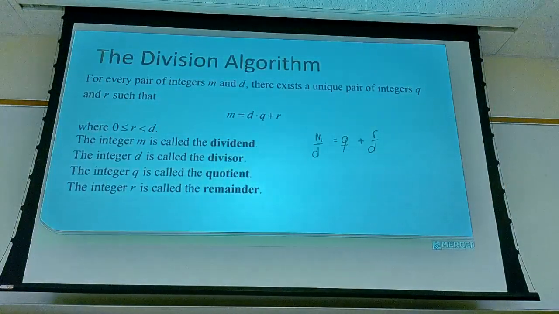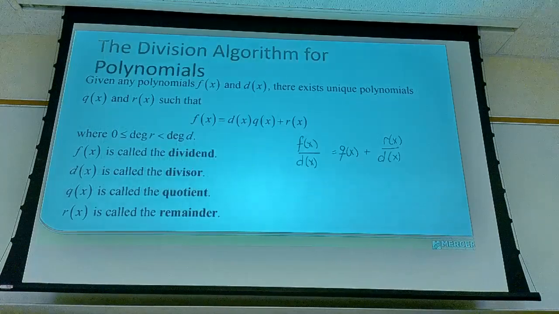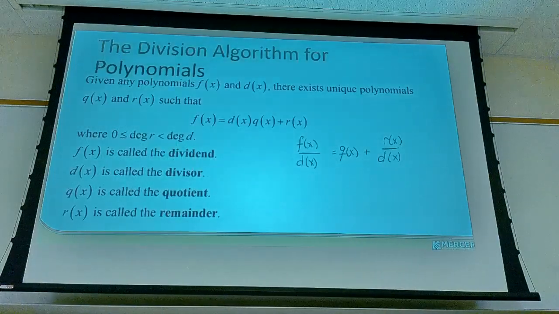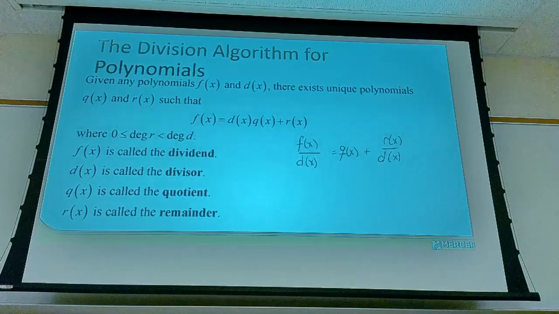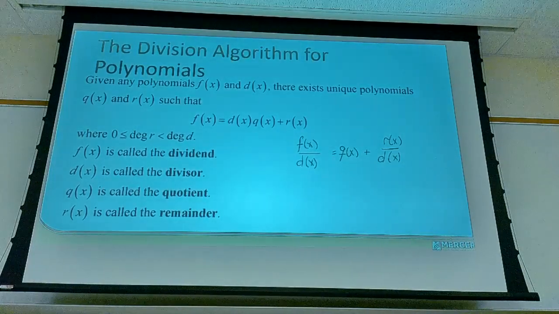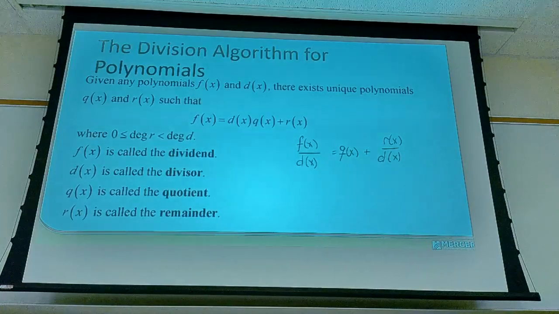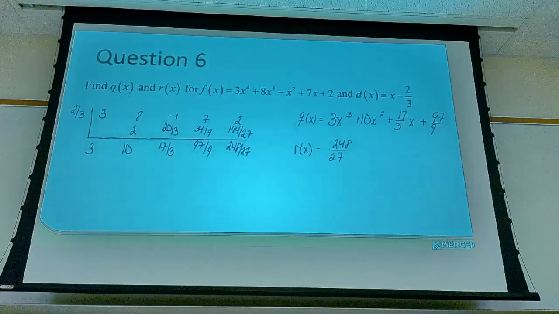So that's what we're doing here. Again, it's this form that you're going to need to use in Calc 2. So if we're asked to just simplify a quotient, this is what they want, versus what we were doing before, just finding the quotient and remainder.